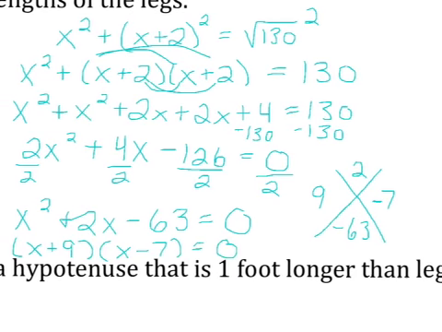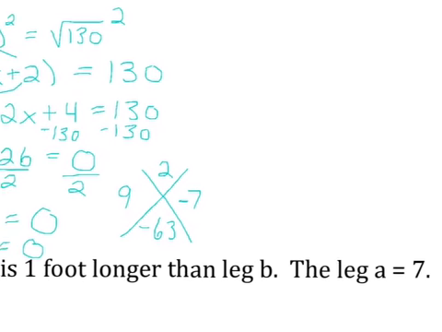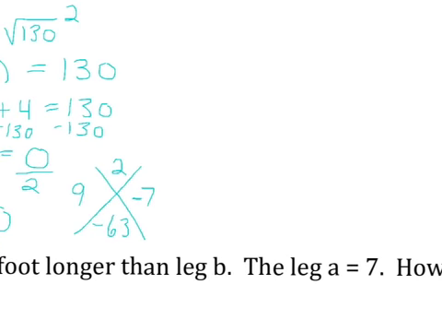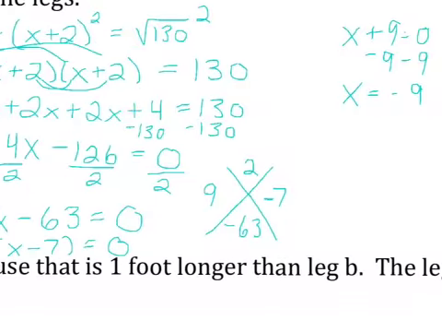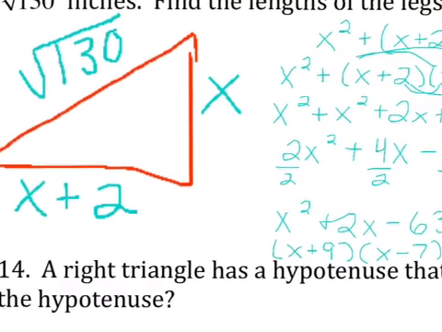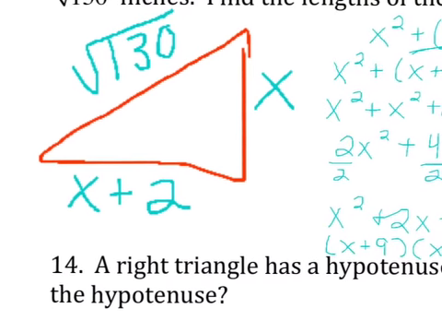So now I need to take both of those factors and set them equal to 0. So I get x equals negative 9 and x equals positive 7. So now if we go back to our triangle, we still haven't answered the question yet, because the question is, what are the lengths of the legs?